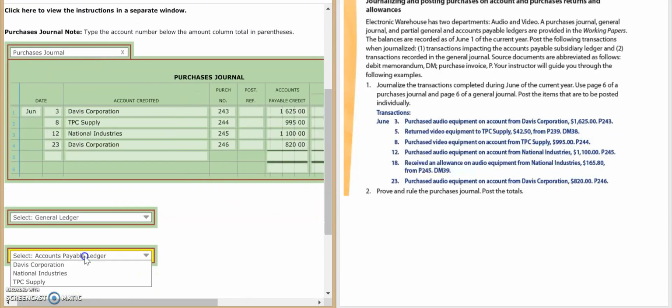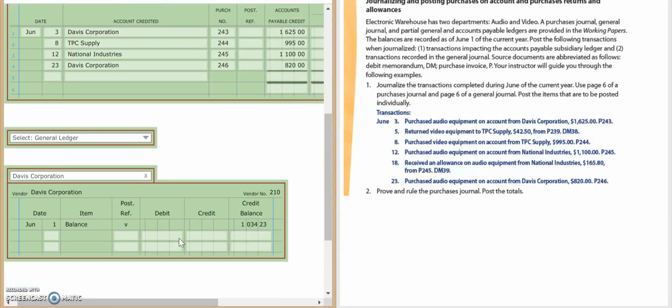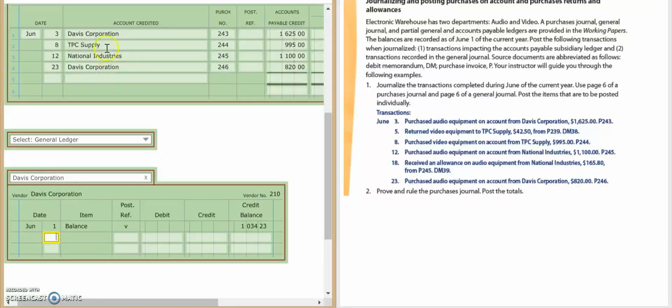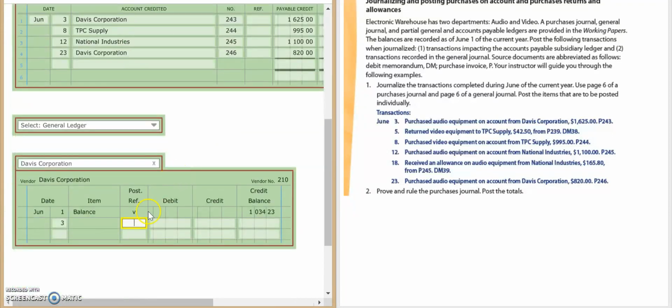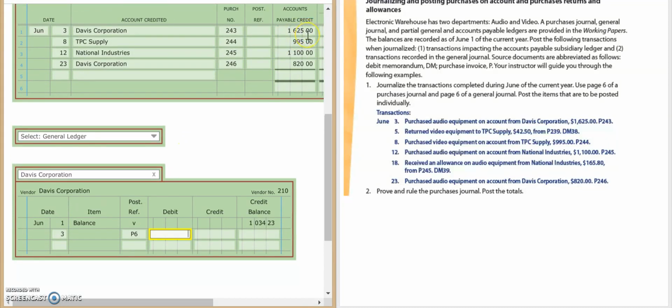We open up our accounts payable ledger for Davis. This is on the 3rd, so we plug in the 3rd. Our post reference is coming from journal page number 6, so P6 is what we put here. And they had an accounts payable credit of $16.25. So we come over here and put $16.25.